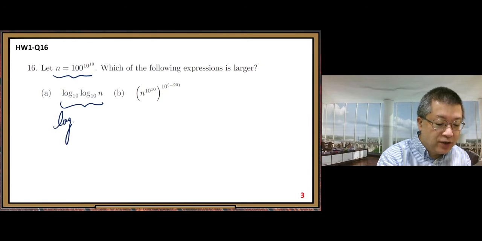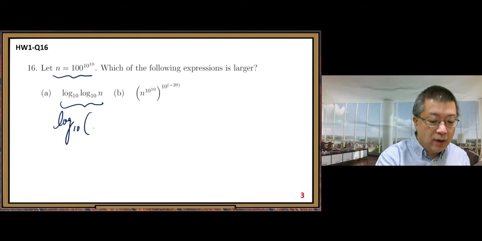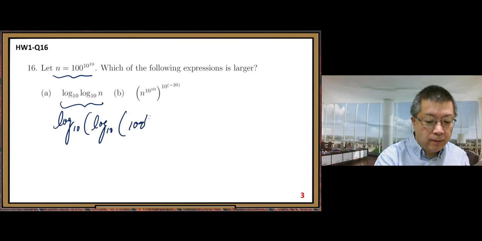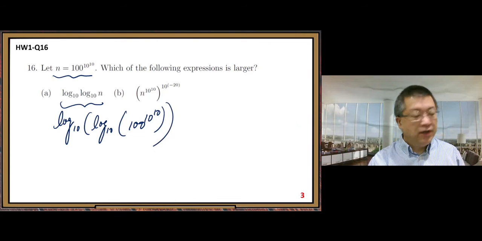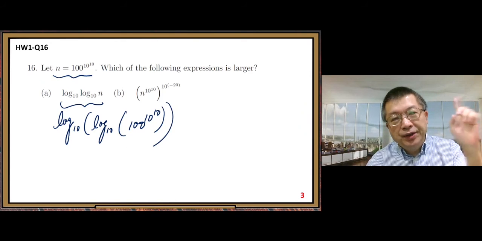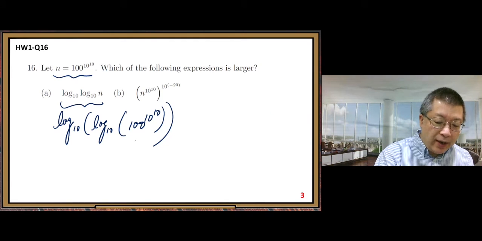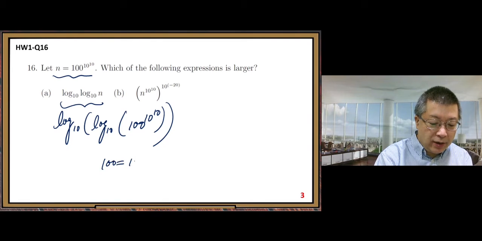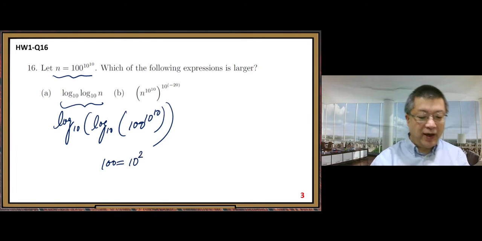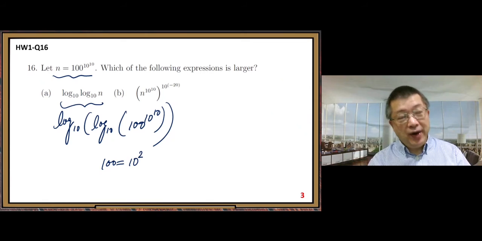So for the first expression, thus, I think it should not be too complicated for you, all right? And because we know 100, we can write it as 10 squared, right?